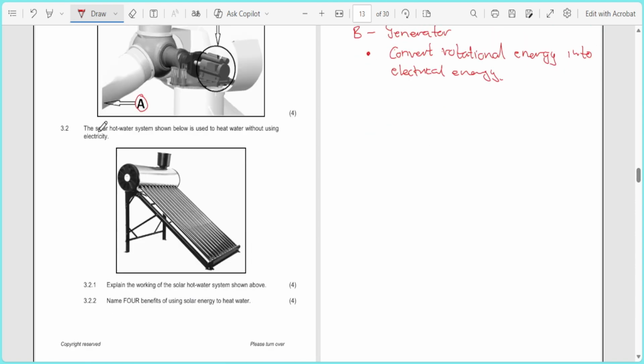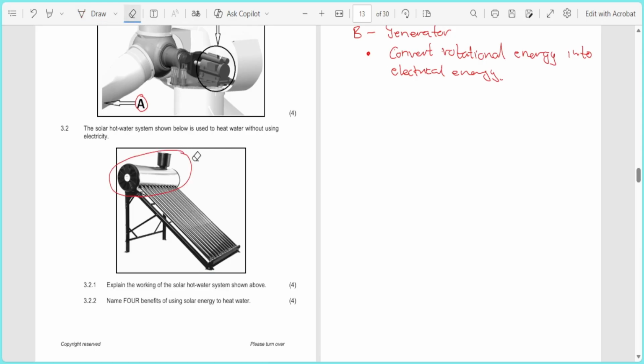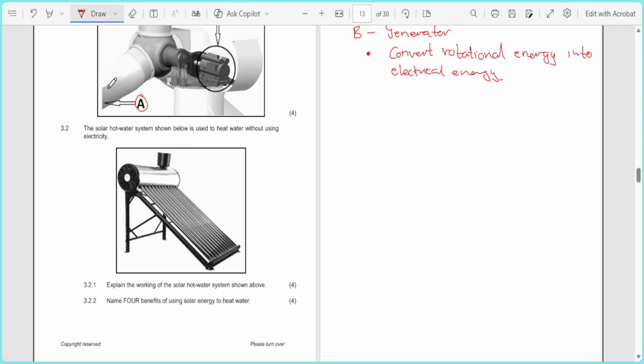Now the solar hot water system shown below is used to heat water without using electricity. I'm sure you have seen these structures around on top of residential buildings, right?